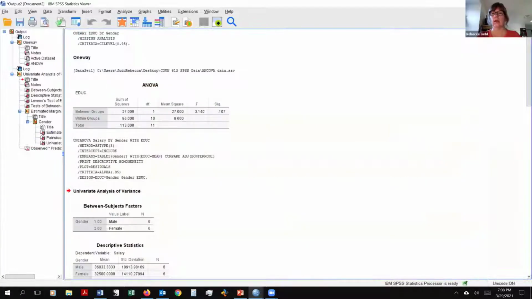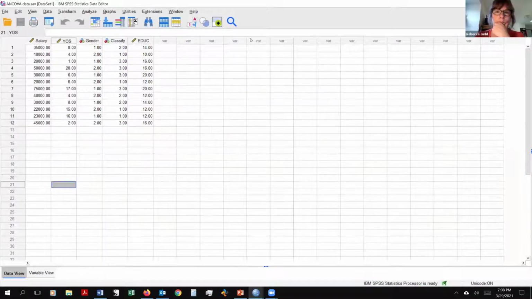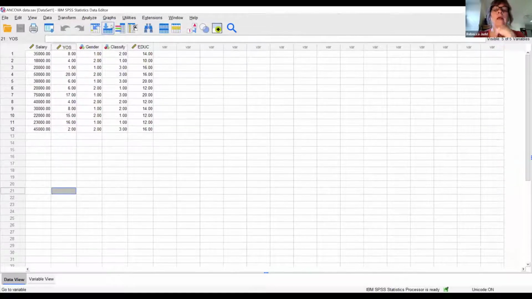Now I'm going to do a new screen. I'm going to see if I can remember how to do this with the graphs and the multiple scatter plots so you can look at all of those.